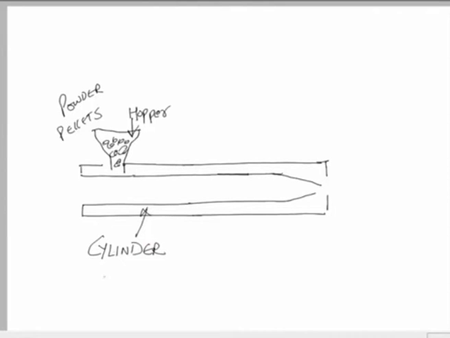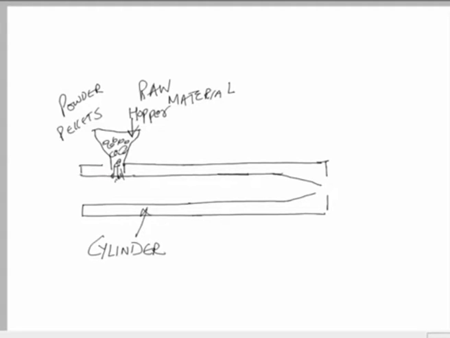So we have a cylinder and a hopper. The raw material is there in the hopper, and it is coming from the hopper and entering the cylinder.